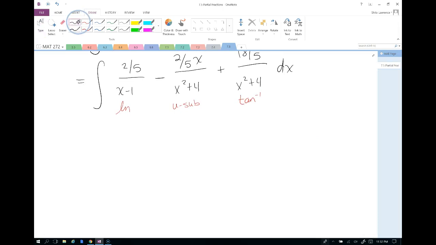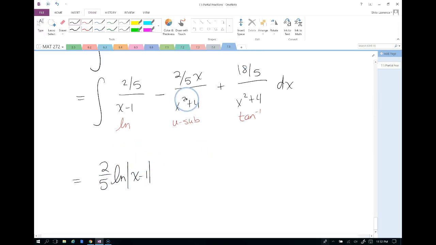So when we integrate, this is going to turn into 2 fifths natural log of x minus 1. If I set up my u substitution for my second fraction, I'm going to let u equal x squared plus 4. du is going to be 2x dx. So 1 over 2x du is going to be dx.